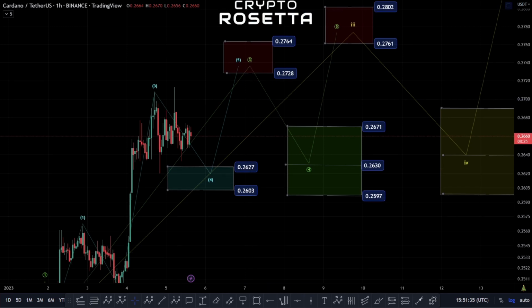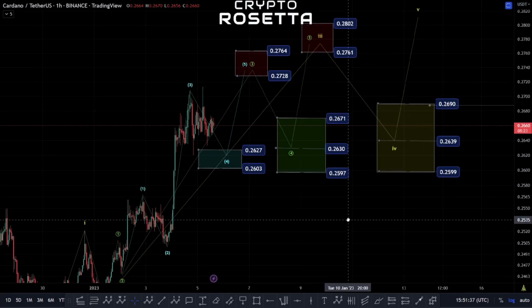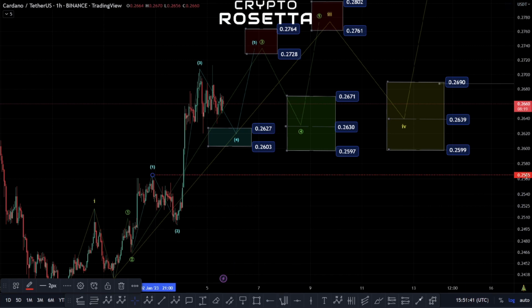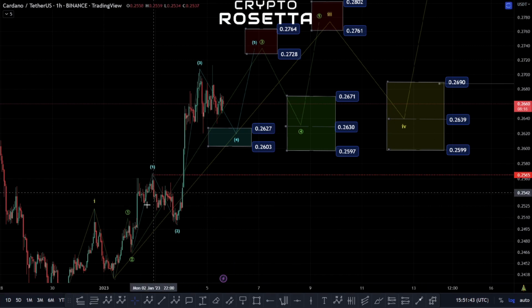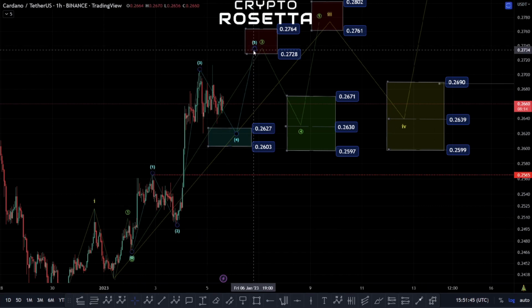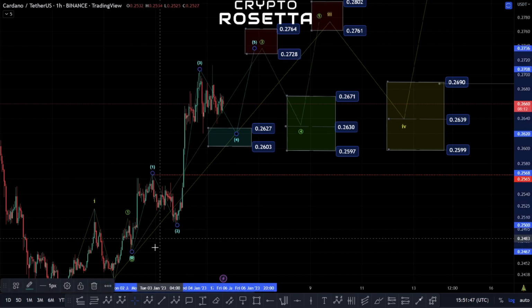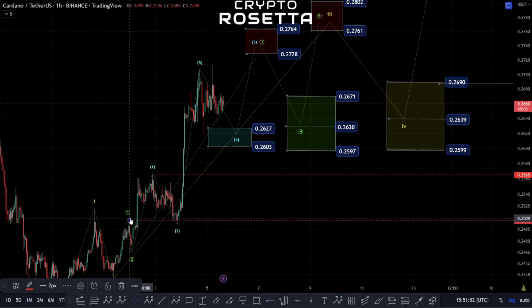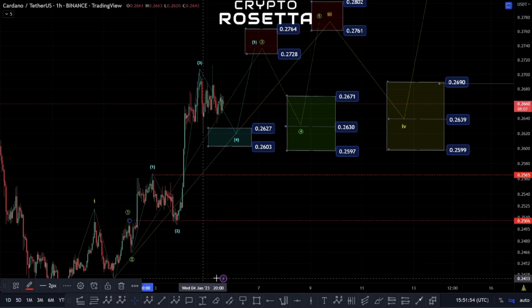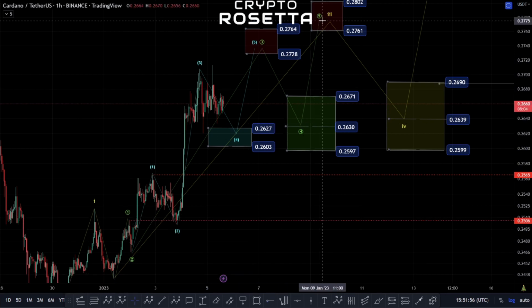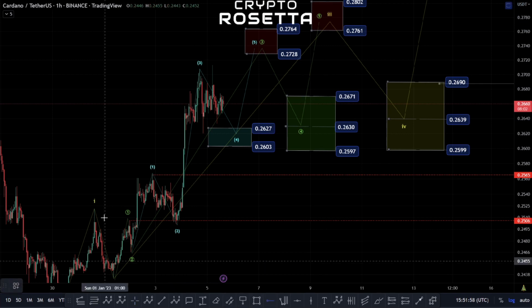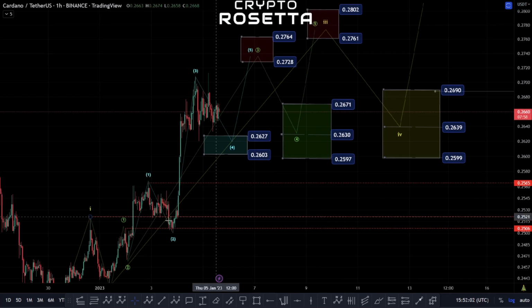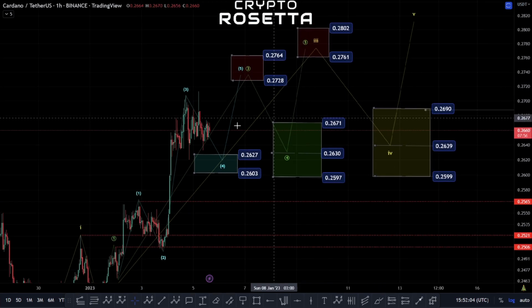So the key points with this potential for this extension here: if we move below this point here, this 25.65, that would invalidate these teal waves. If we move below this point here, which is, let me get a mark on it, the 25.06, that would invalidate these green waves. And finally, moving below this 25.21 would invalidate the yellow waveform here.